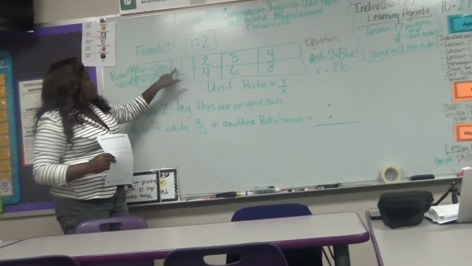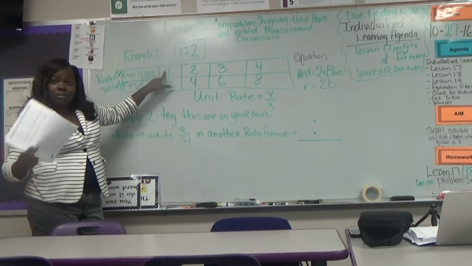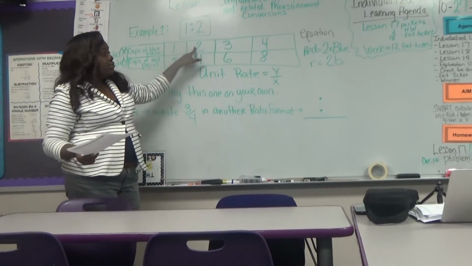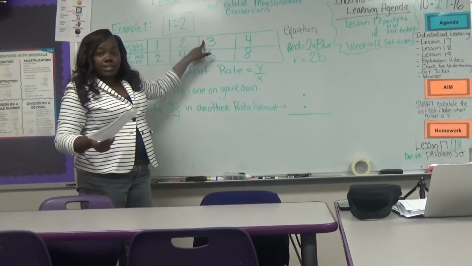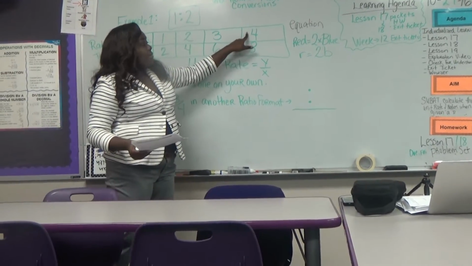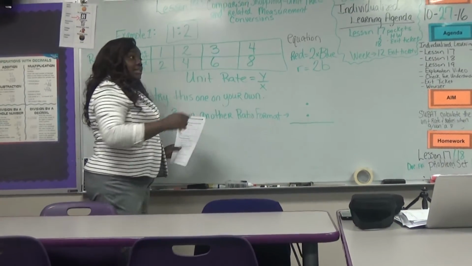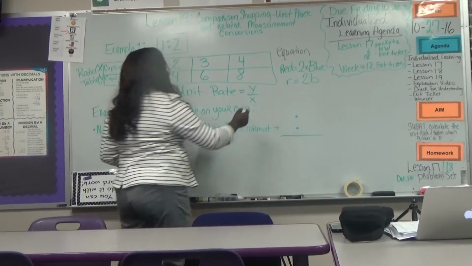So I can say 2 divided by 1, which is 2. 4 divided by 2, which is 2. 6 divided by 3, which is 2. 8 divided by 4, which is 2. So my unit rate for this table is simply 2.